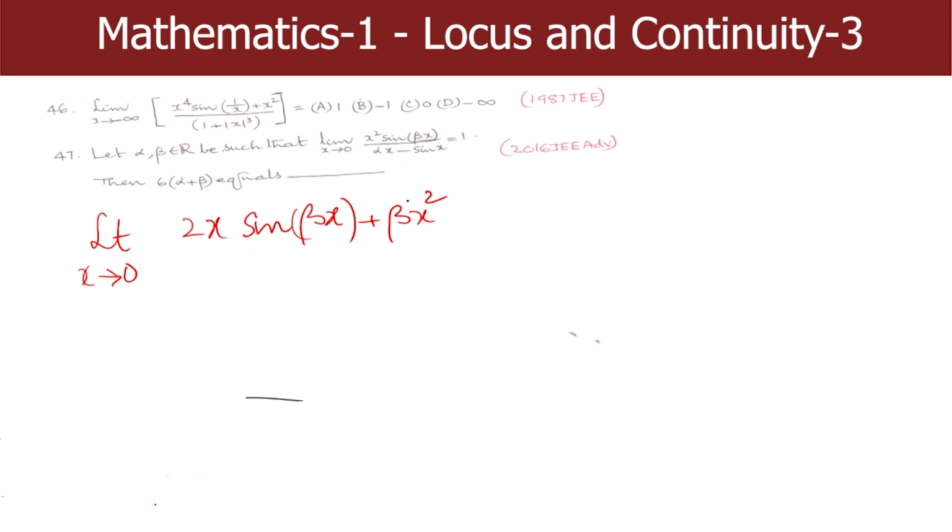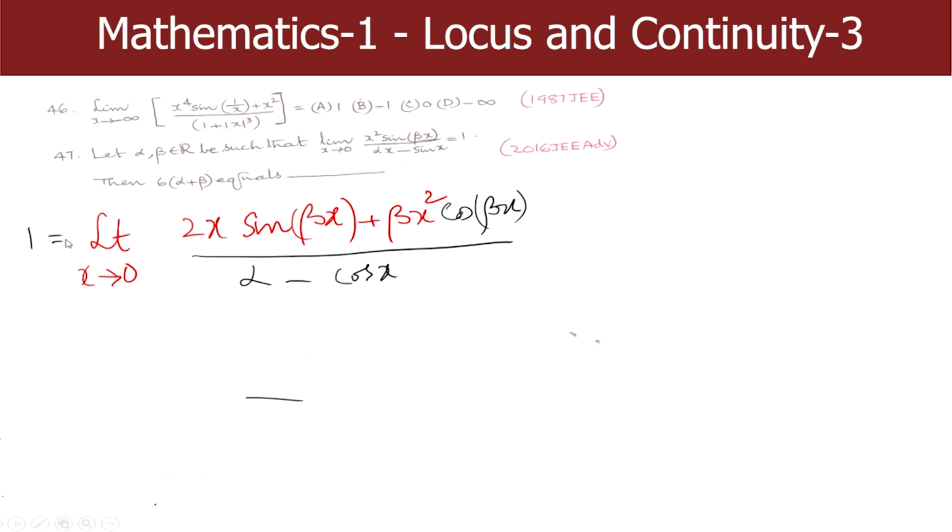The derivative of x square sin beta x is 2x sin beta x plus x square times beta cos beta x, and the derivative of the denominator gives alpha minus cos x.